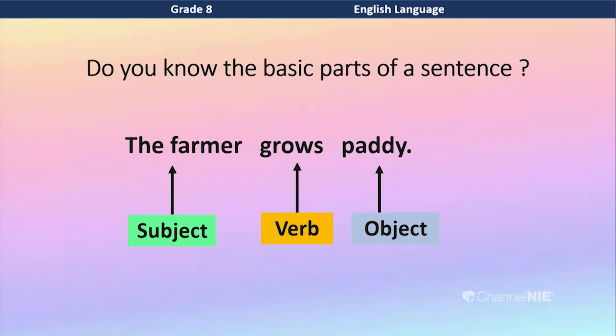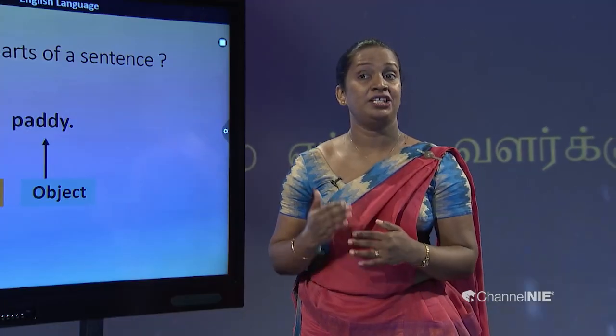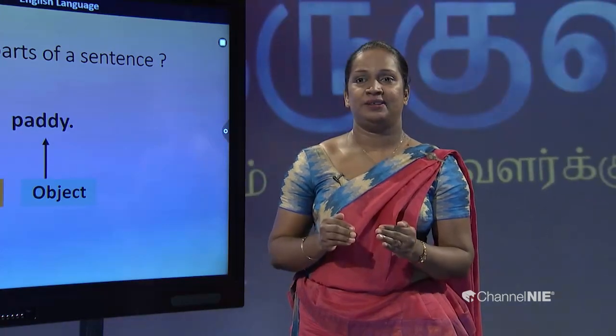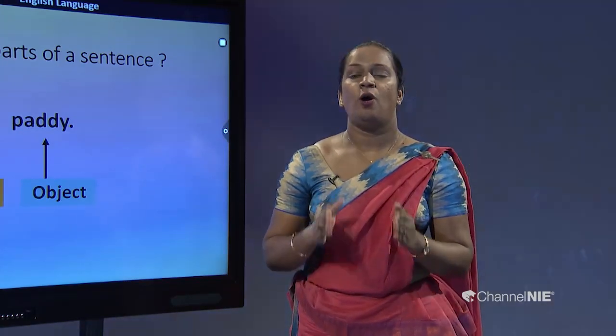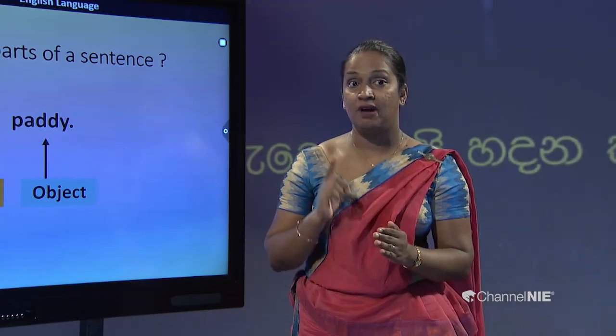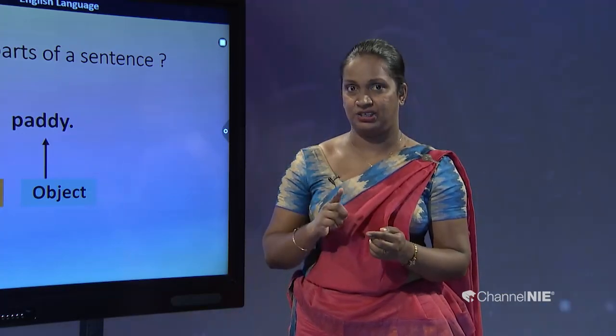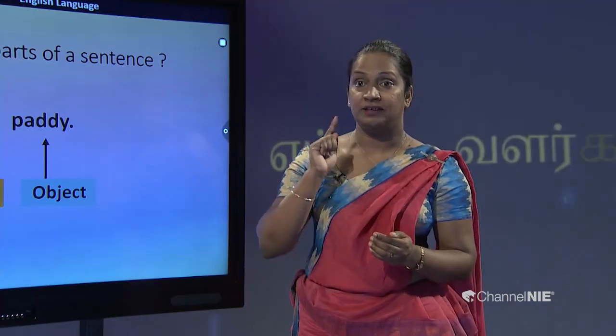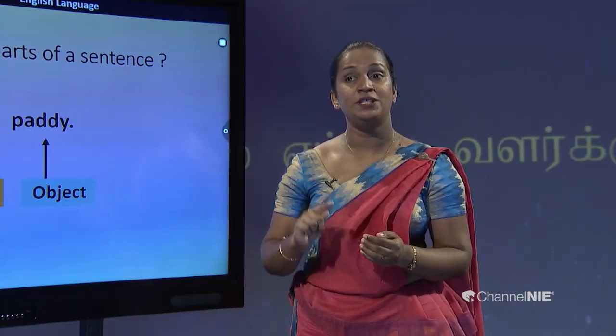Of course, dear children, by now you might have heard of these words, right? Anyway, I'm going to help you to find the subject, verb, and object of the sentence, right? Subject is the doer of the sentence, the one who does the action mentioned in this sentence, right? So it is the farmer. The farmer is the person who grows paddy.